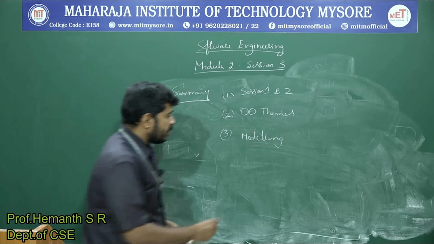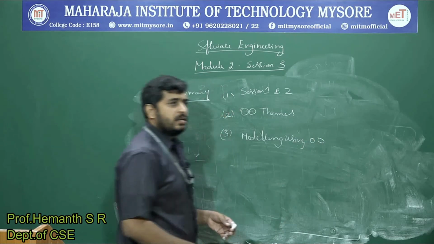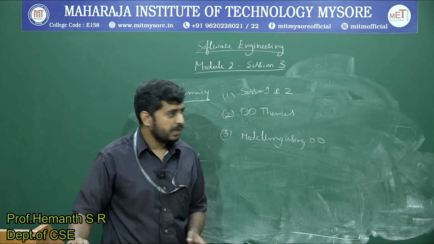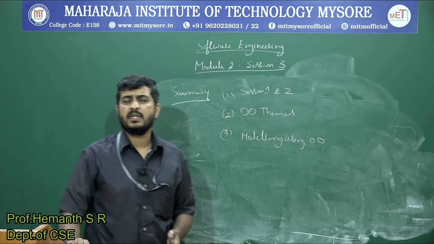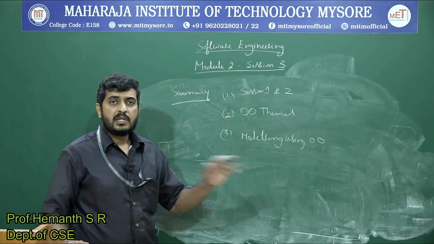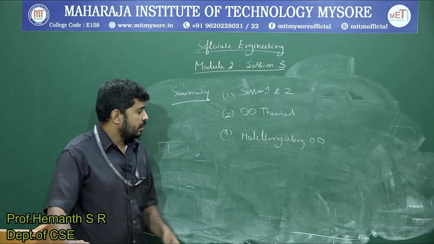Okay, modeling using object oriented design. The first one was the class model, which was a static model. The second one was the state model. The third one was the interaction model. Okay.